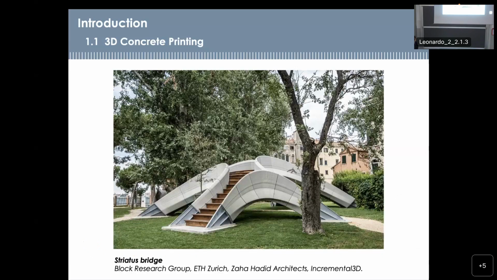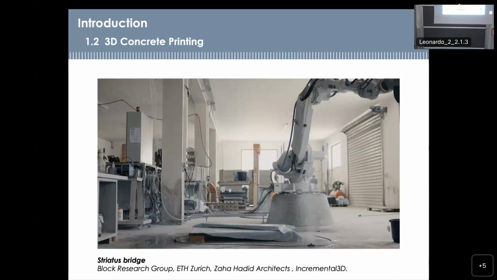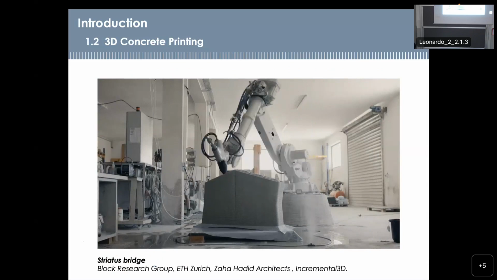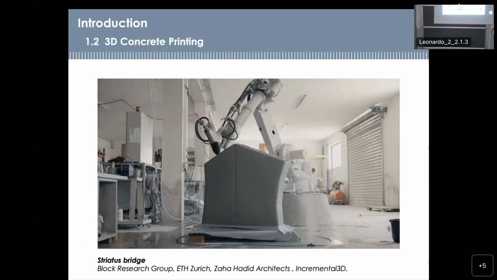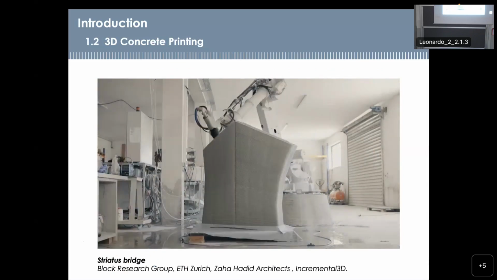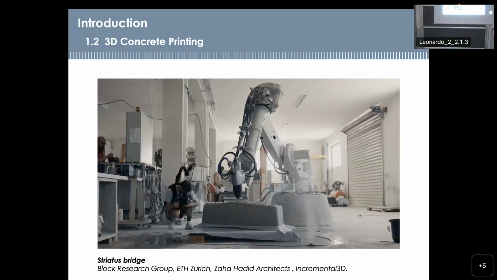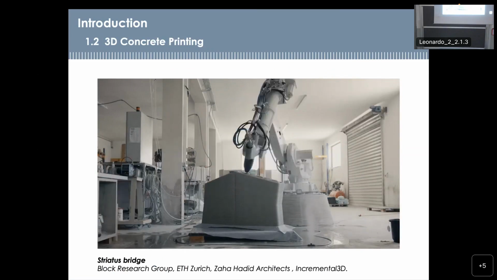To build this structure, they use different panels of different sizes and shapes, and all these panels were 3D printed in the facilities at the ETH Zurich group. So you see that the printing, obviously this is not the printing speed, but anyway it's a very fast process, and also it allows to achieve very great accuracy.